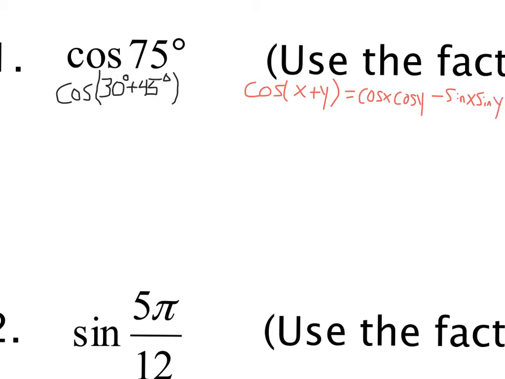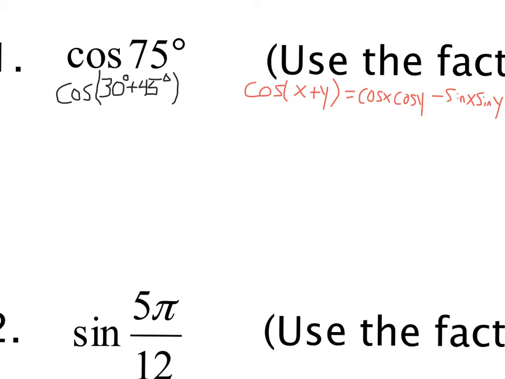The reason why I picked 30 and 45 is because those are angles on my unit circle, so I can get those exact values pretty easily, and I don't need a calculator to get a decimal.